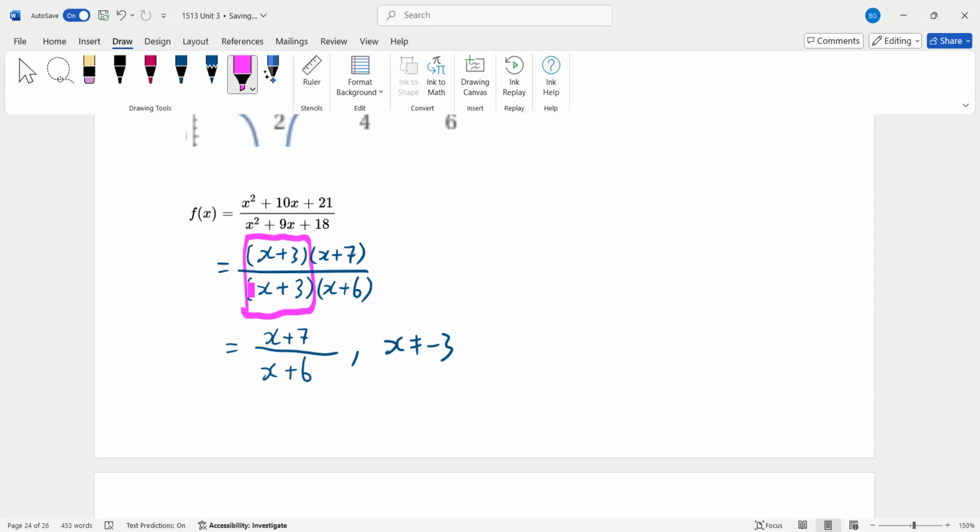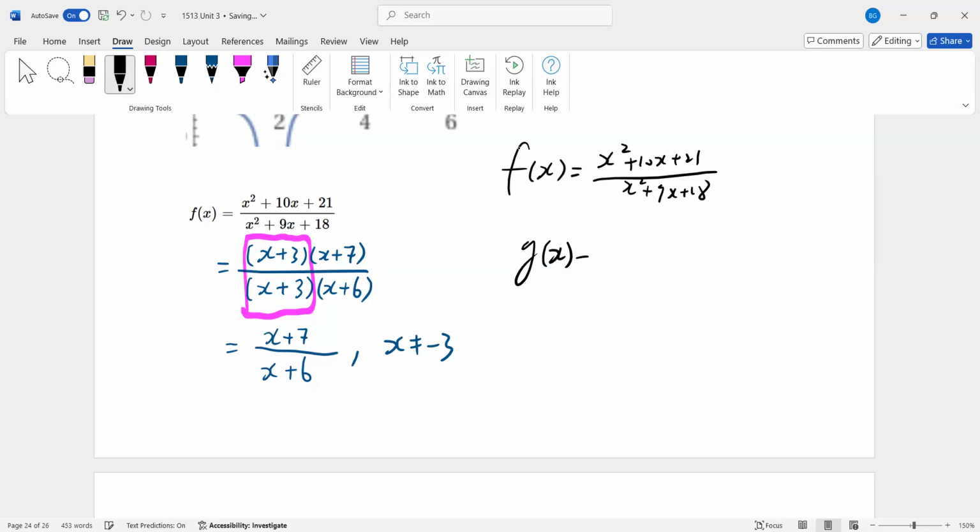So the graph of f of x and the graph of g of x, after we get rid of the common factor, have the same shape, but the difference is this function, x cannot be negative 3, but g of x does not have that requirement, right?